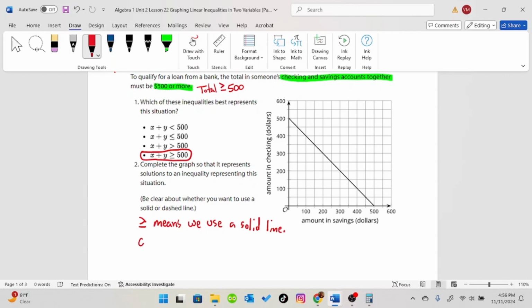If you tried to put 0, 0 in for x, y, then 0 plus 0 is not greater than or equal to 500. This means we would shade everything on the other side of the line. So everything on the top and to the right of the solid black line.